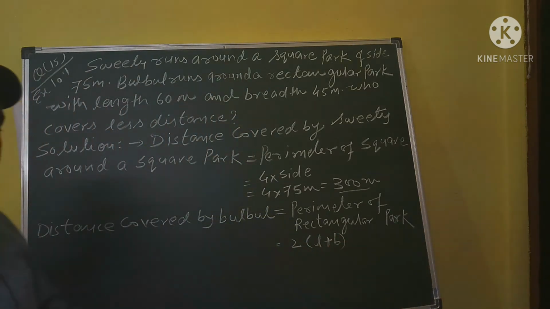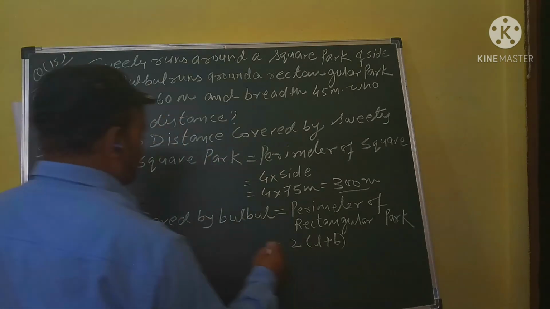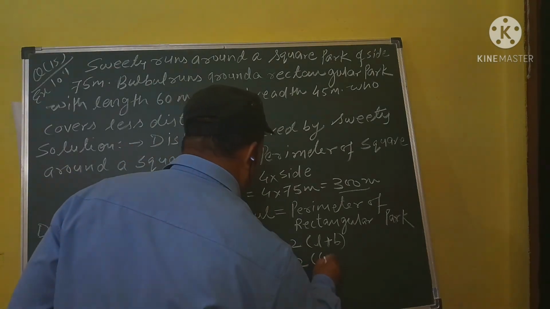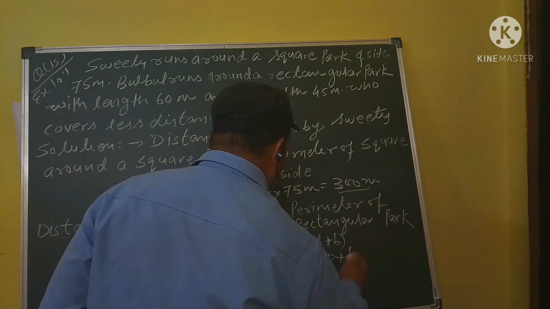L stands for length and B stands for breadth. Length is 60 meter and breadth is 45 meter.